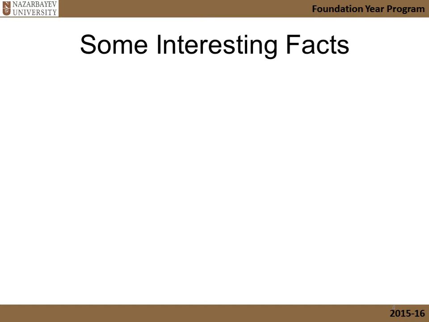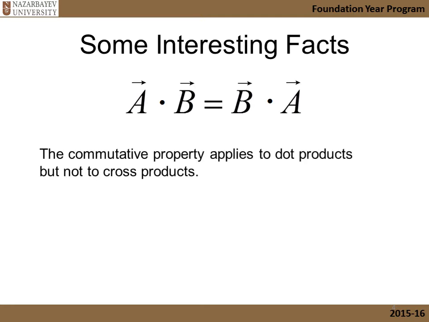Now let's look at some interesting facts about the dot product and cross product. If we take our dot product and interchange our vectors a and b, the results will be the same. So the dot product of a and b equals the dot product of b and a.